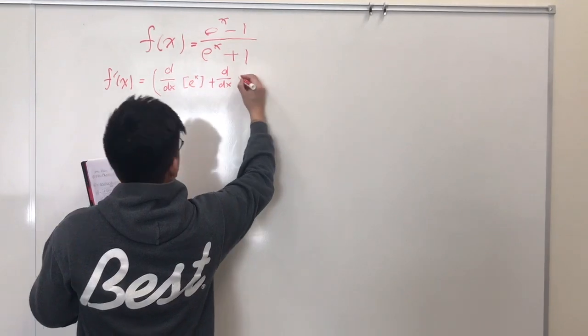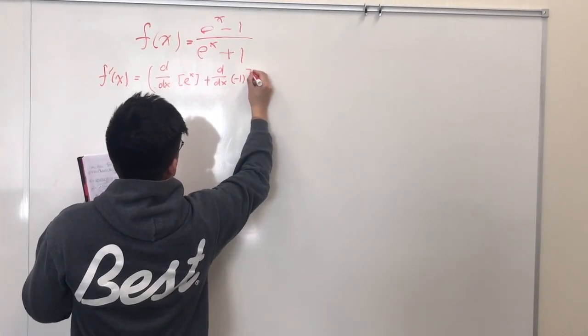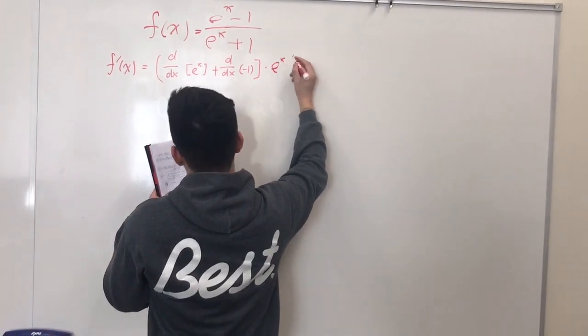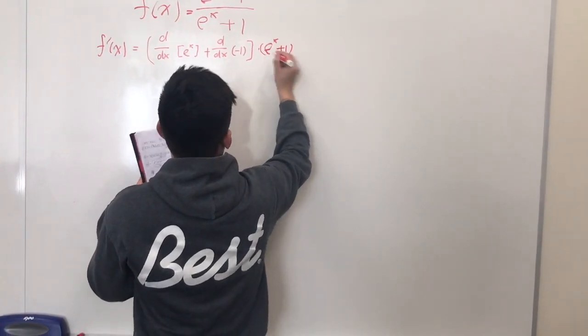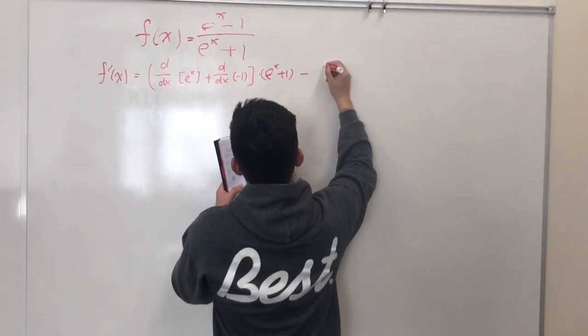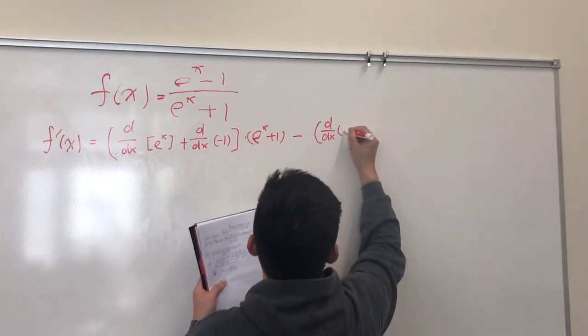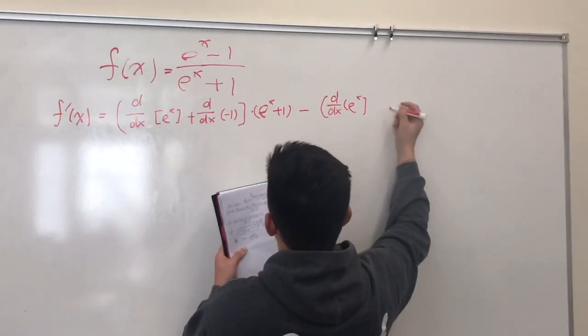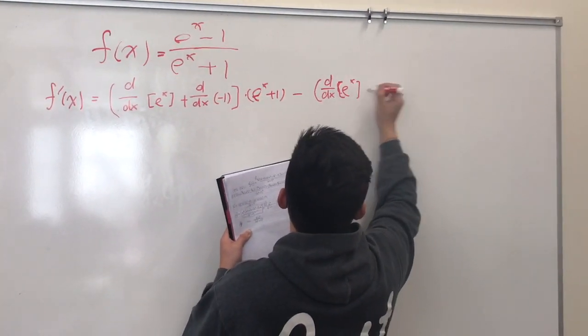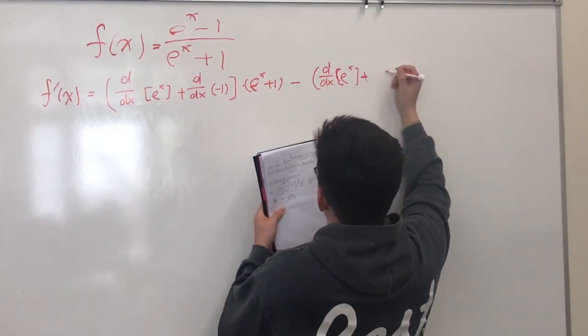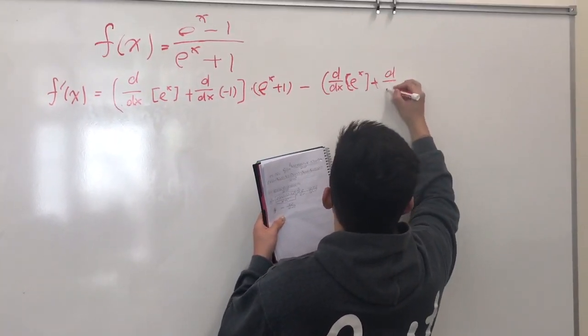For 27, we're taking the derivative of f(x) equals (e to the x minus 1) divided by (e to the x plus 1). So we're going to do the quotient rule, which is the derivative of the top times just the bottom, minus the top times the derivative of the bottom, all divided by just the bottom squared.